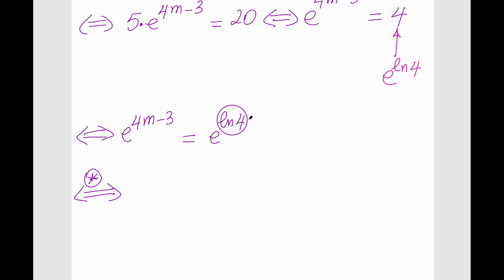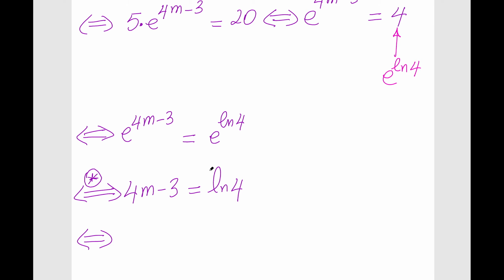Make sense? So this means that 4m minus 3, the two powers must be the same, is equal to ln of 4. All right, and this is easy now. Don't worry about this. I know that this looks a little weird, but it's a number.